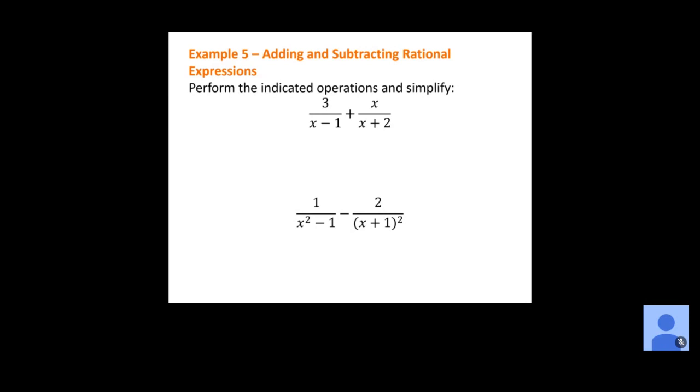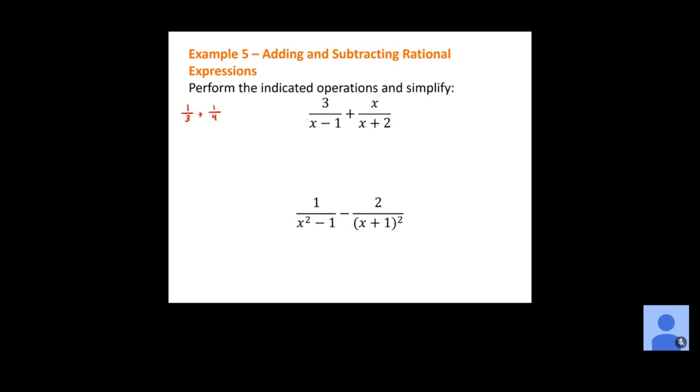Okay, so let's think about this. If I gave you a fraction like 1/3 plus 1/4, what would be the common denominator between those two fractions? 12. And how would you get that? 4 times 3. We can just multiply the denominators together. Same thing here.